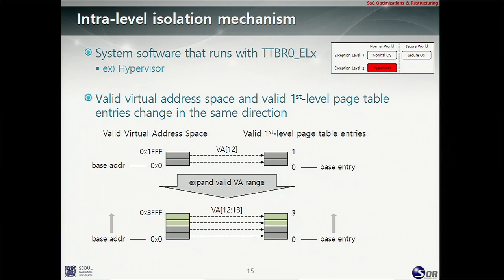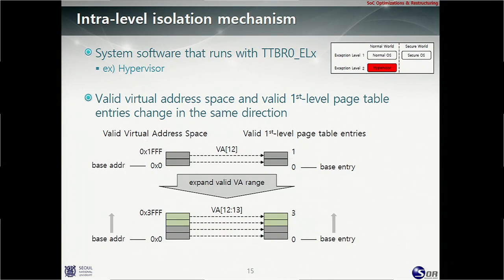First, let's assume that Hilps is applied to system software using TTBR0, such as a hypervisor. In this case, if Hilps modifies TxSZ to expand the valid virtual address range, then the valid virtual address space and the valid first level page table entries grow in the same direction.